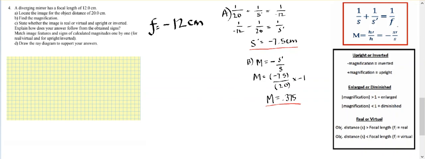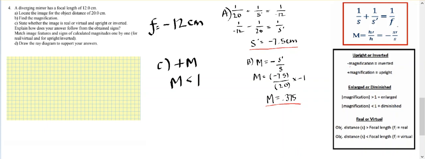Part C is asking us to state whether the image is real or virtual, upright or inverted. Explain how your answer follows from the obtained signs. Match image features and signs of calculated magnitudes one by one for real/virtual and for upright/inverted. So we know that from part B, our magnification is positive and also less than 1.